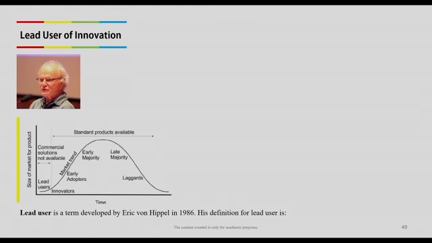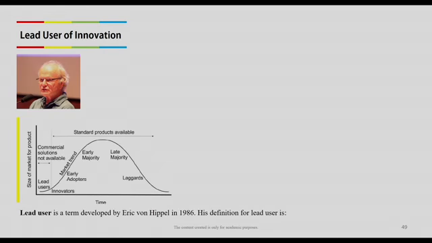Lead user is a term developed by Eric von Hippel in 1986. His definition for a lead user is: lead users face needs that will be general in the marketplace, but face them months or years before the bulk of that marketplace encounters them.